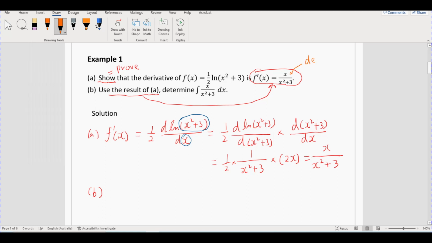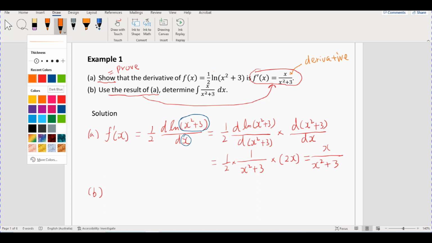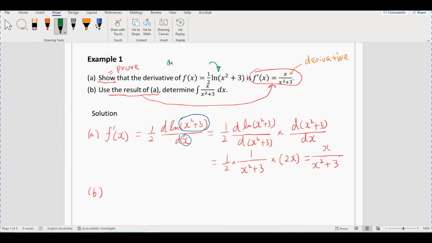So this one is our derivative. How about the function from which you get the derivative? That means this one. This f(x) is what we call the antiderivative.